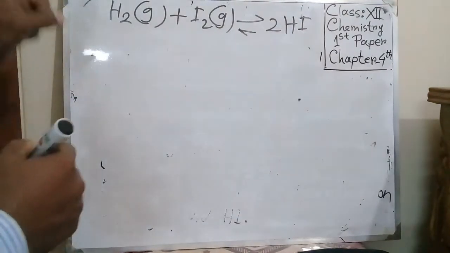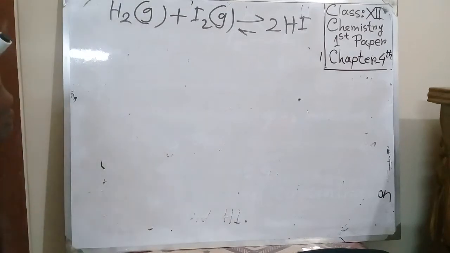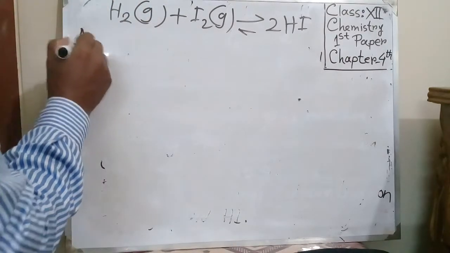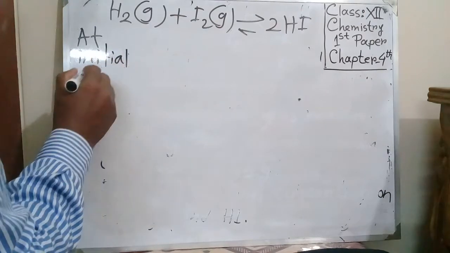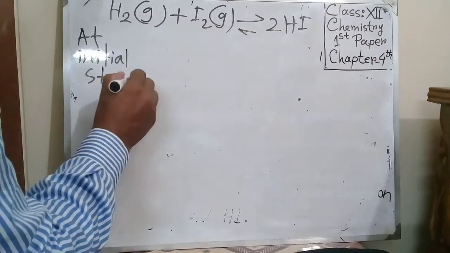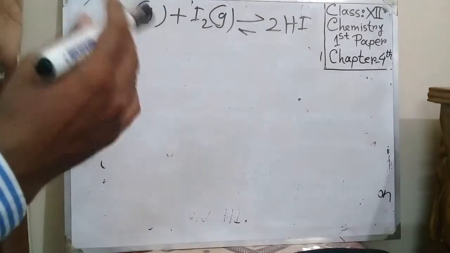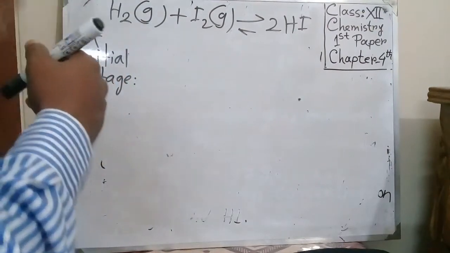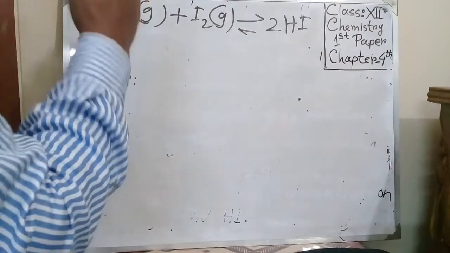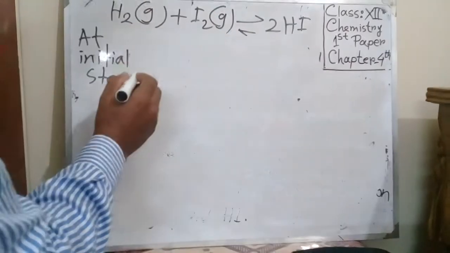At the initial stage, like in the previous reactions or mathematical problems, we will write the initial stage. Initial stage means just at the beginning, the reaction didn't hold, so we can't get any type of product.